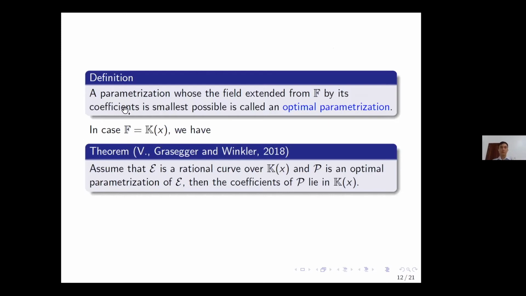A parameterization whose field extended from F by its coefficients is as small as possible is called an optimal parameterization.